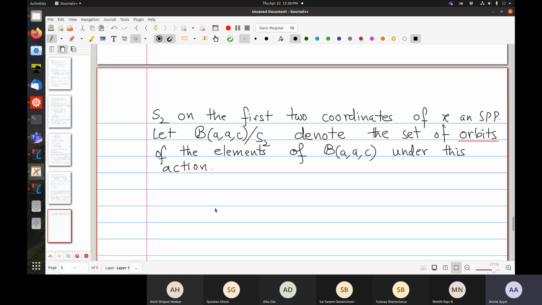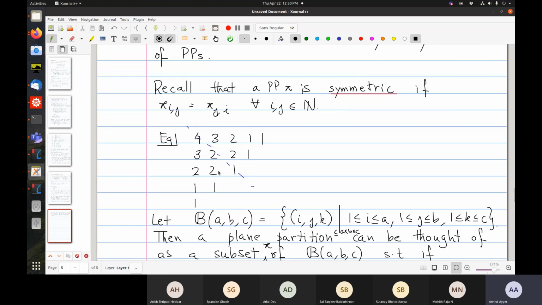Okay. So there are two kinds of orbits. If you look at this example, either your S2 action takes a cell over here to a cell over here and then back. There's only one non-trivial element in S2, the transposition 1, 2, which is an involution. So it either exchanges cells over here, or on this diagonal it doesn't do anything. That's just the idea.